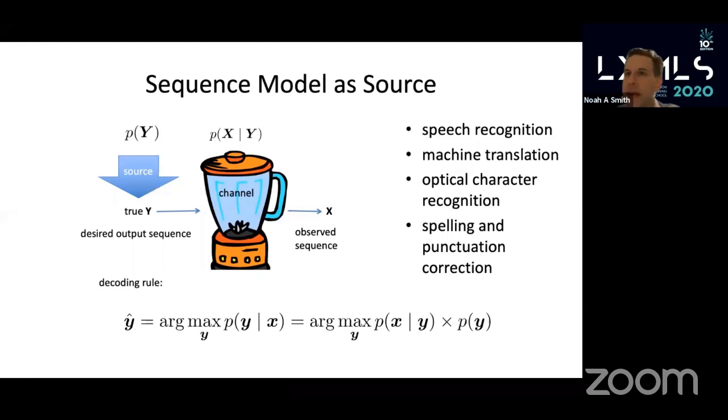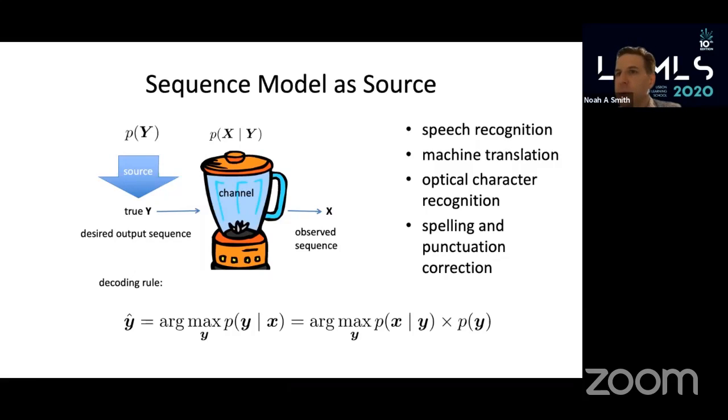So the sequence model can actually be either or both of these components. Traditionally, it was often associated with the source. So in early models for statistical speech recognition and machine translation and optical character recognition, also spelling and punctuation correction, we had a language model as P of Y, and then there was a task-specific channel model that modeled the disruption of good English or good French or good whatever language you're working in into what we can observe.